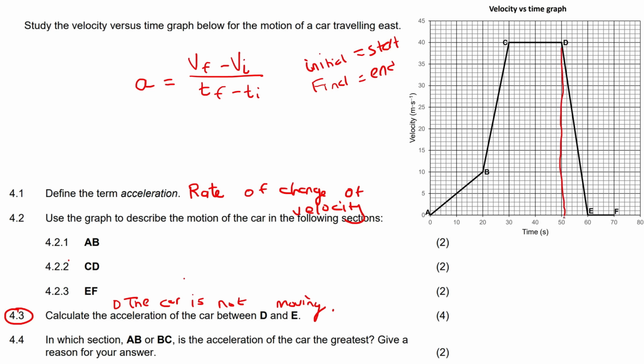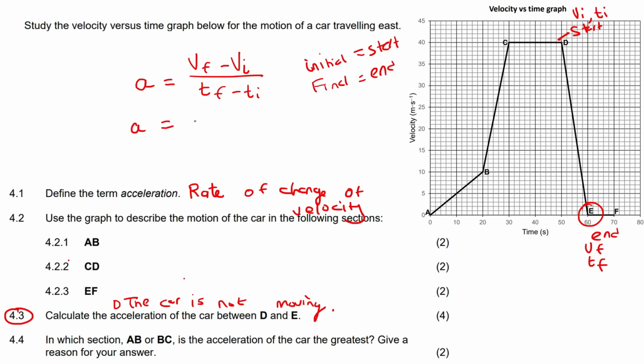This one's time is at 50. This one's time is at 60. So what comes first? Well, 50 comes before 60. So this is the start, and this is the end. So that means that this is the final position, so we'll get our final values over there. And then this is the starting position, so we will get our starting values over there.